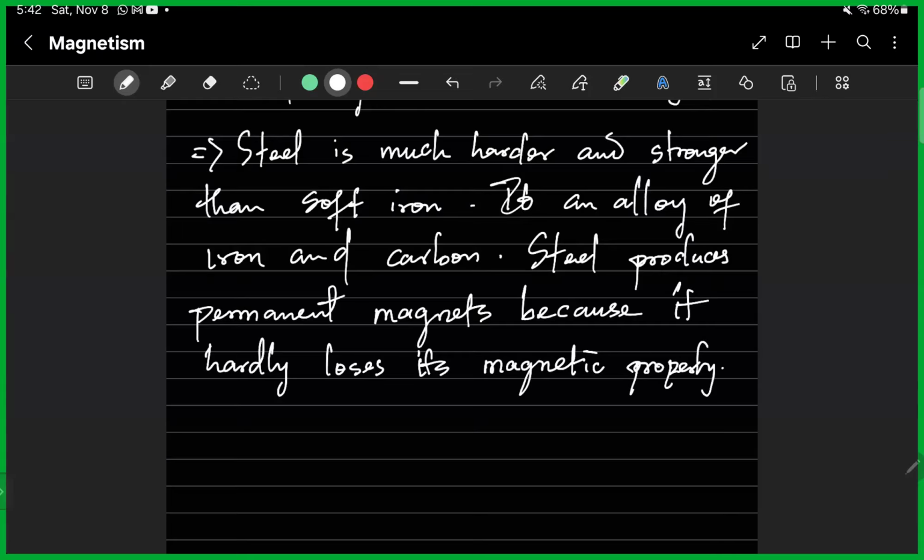Or you can say it hardly loses its magnetism.